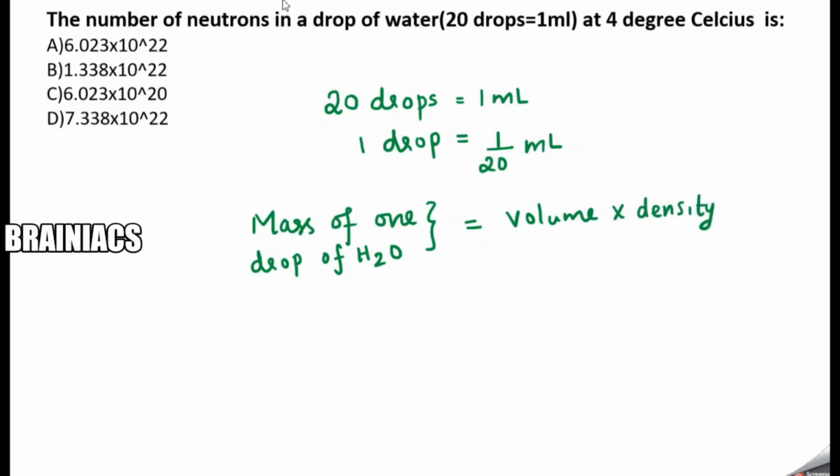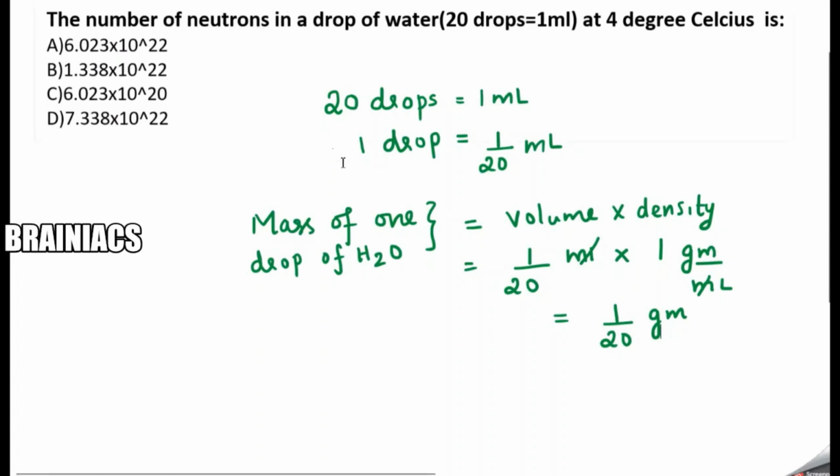So density of water is how much? 1 gram per ml. So we know volume of one drop is 1 by 20 ml multiplied by density of water, 1 gram per ml. So this ml and ml get cancelled, and you will get the mass as 1 by 20 gram. Correct?